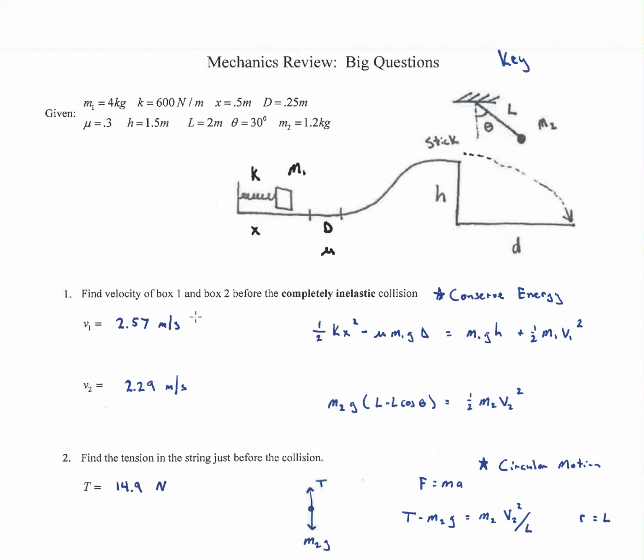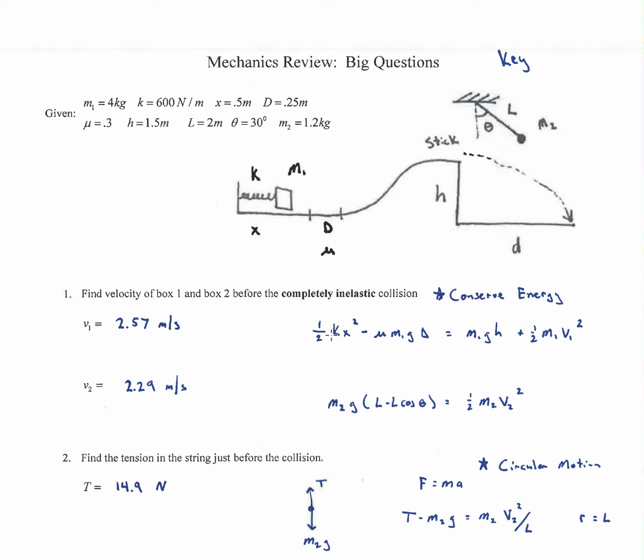Okay, so to find the velocity of the boxes before the collision, we are going to use energy. M1, this spring has some stored energy, which would be this 1/2 kx squared. It's going to lose some of that energy as it goes over this rough patch. And so the force of friction, which is mu mg, times d is then the work done by friction.